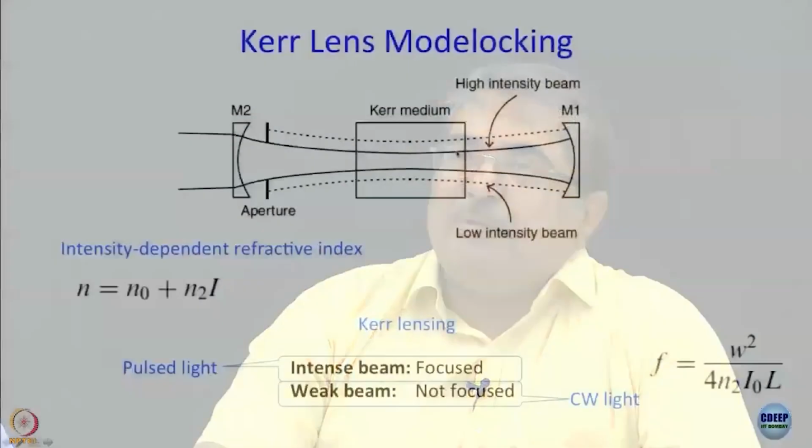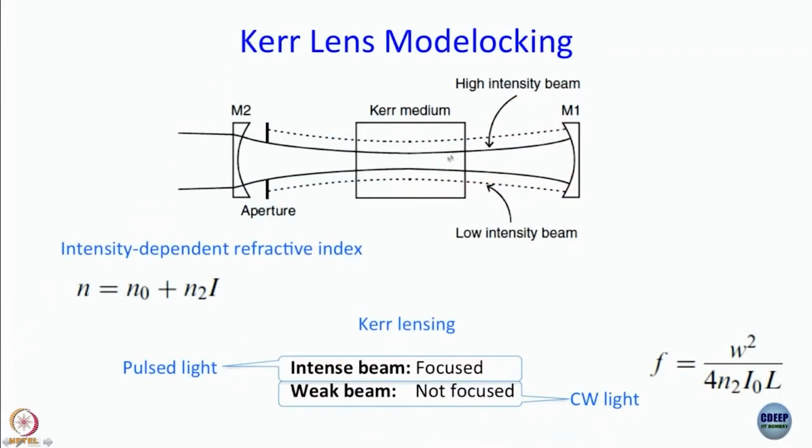So, what I am saying is this, you understood that this titanium sapphire crystal itself can act as a Kerr medium, right. You are pumping it and then you have this light passing through it, the stimulated emission. To start with, let us say some modes are locked somehow, that will happen, right. There is always a possibility of happening.